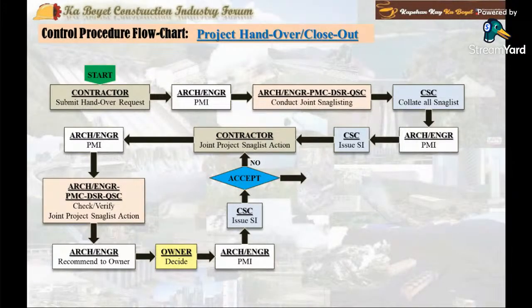Now, on the other hand, if it is accepted, the owner accepted it, the project architect engineer then prepares a certificate of completion, COC for short, to be signed by the delegated owner's representative as per contract condition, and attaches the list of outstanding defects to be completed within a specified time plus any additional condition.